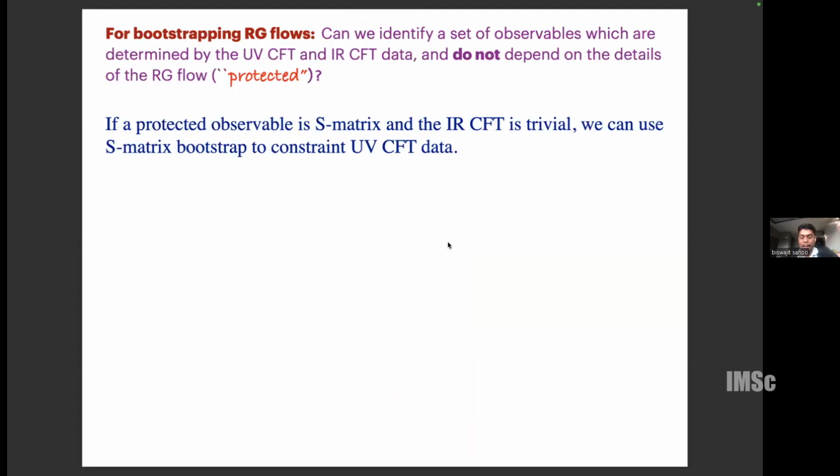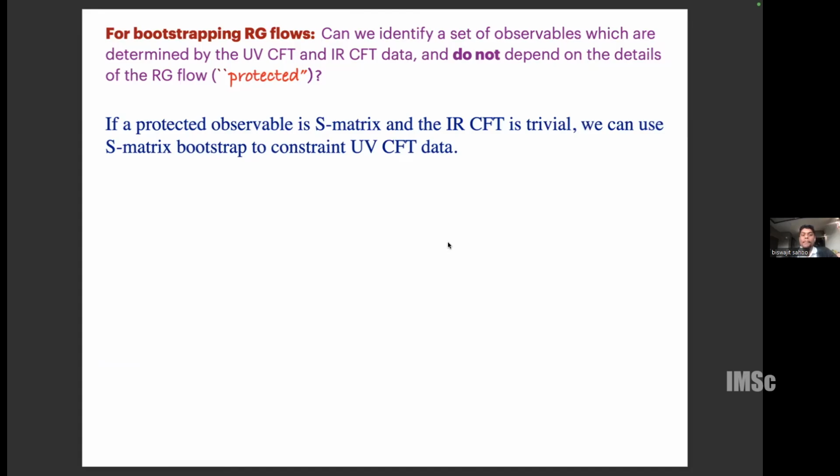Since this is a scattering amplitude bootstrap or the S matrix bootstrap, in the renormalization group flow setup, if we want to implement that, then we need to ask the following question: can we identify a set of observables, first for any renormalization group flow, which are completely determined by the UV CFT and the IR CFT data and do not depend on the details of the RG flow?